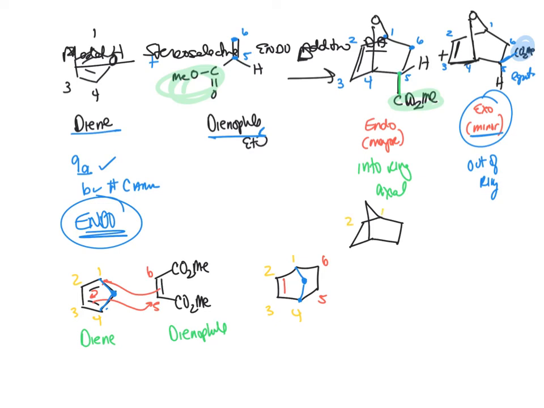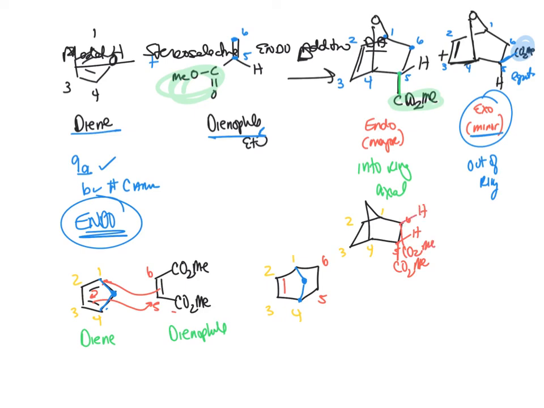So here's 1, 2, 3, 4, 5, 6, and now you have both of these going CO2 methyl. This would be hydrogen. This would be CO2 methyl and hydrogen here.